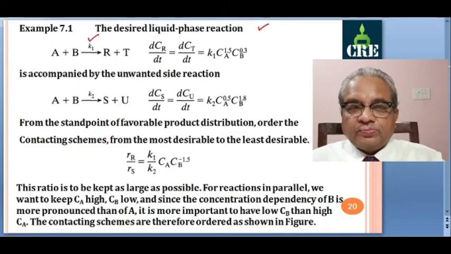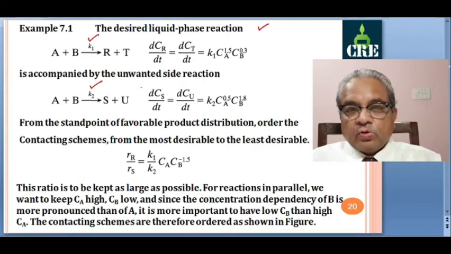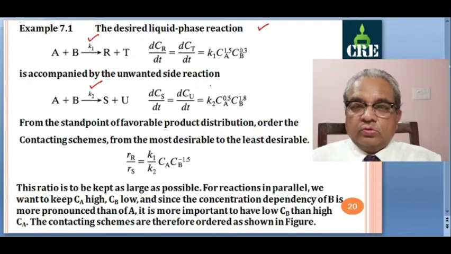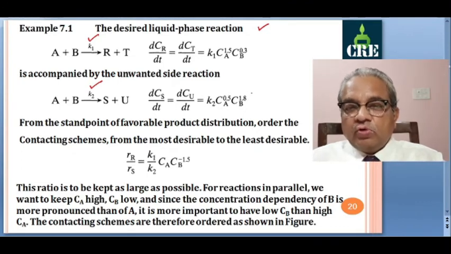This we know, the rate law, is accompanied by an unwanted side reaction. What is that reaction? A plus B also gives, with rate constant K2, S and U. So the rate of formation of S, the rate of formation of U, is given here as K2 CA raised to 0.5 and CB raised to 1.8.